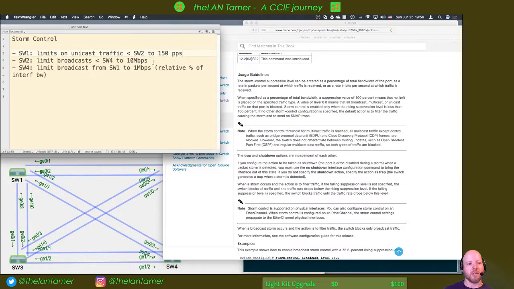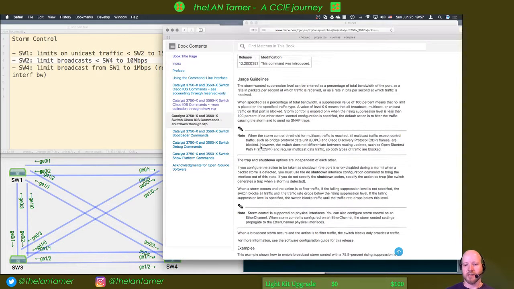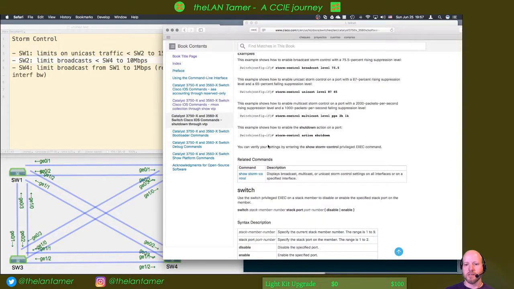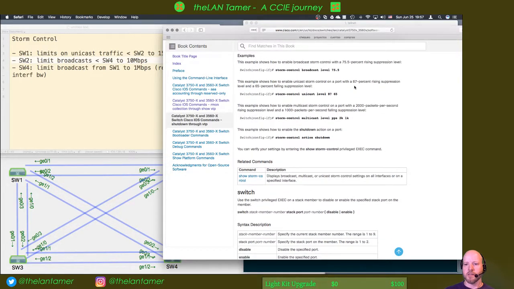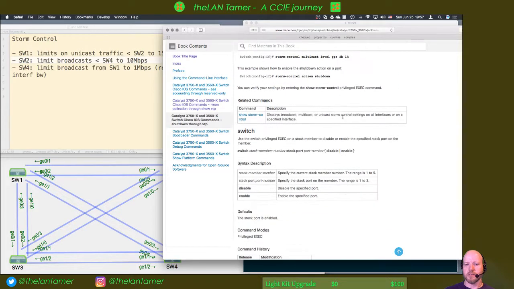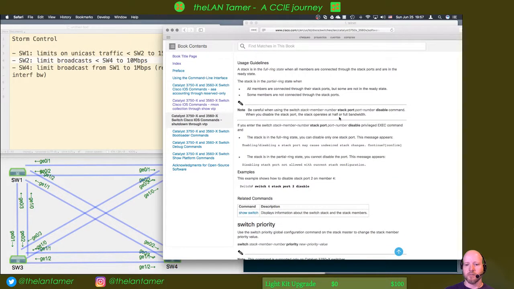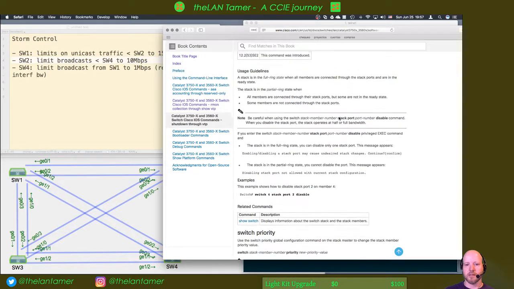So that's what we want to do here with bits per second, and we don't want to do that as a percentage of interface bandwidth. That's the distinction between these three. Okay. I did not see an example of bits per second. We'll figure it out.